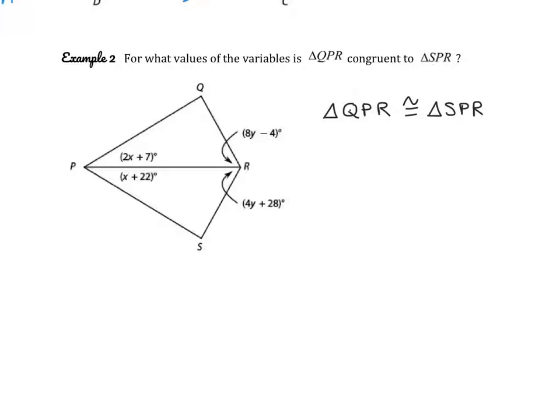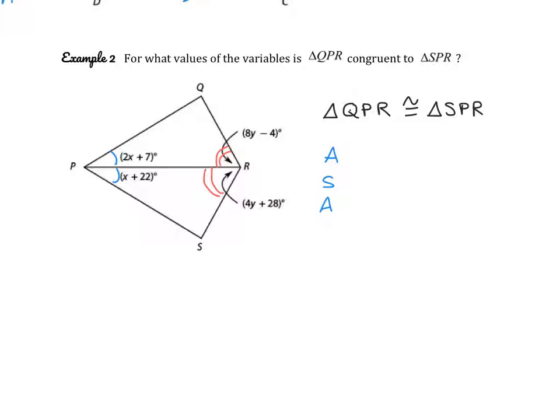So if we were using angle side angle congruence, we would want to show that this angle is congruent to this angle, and we would want to show that this side is congruent to itself, and then we would want to show that this angle is congruent to this angle because those are the corresponding parts of your triangles.